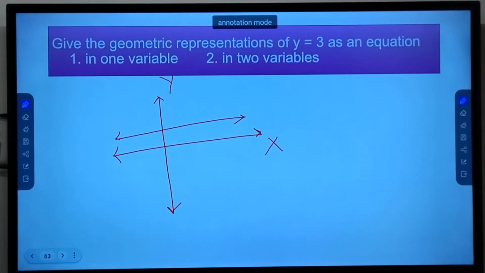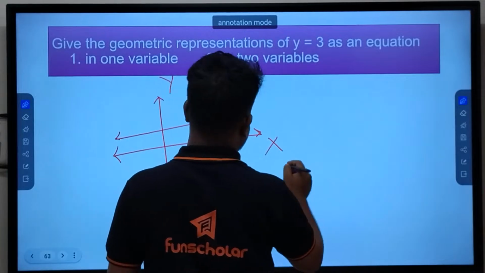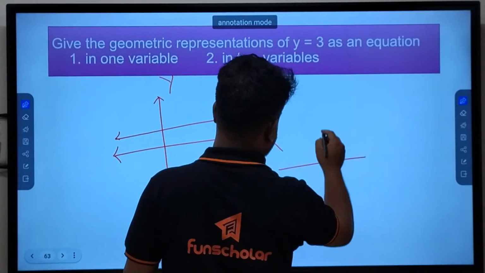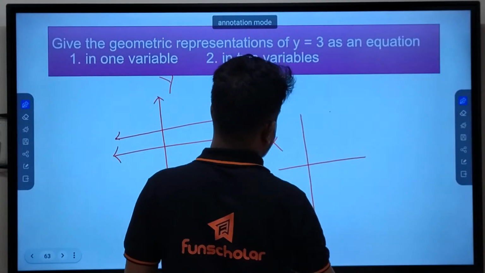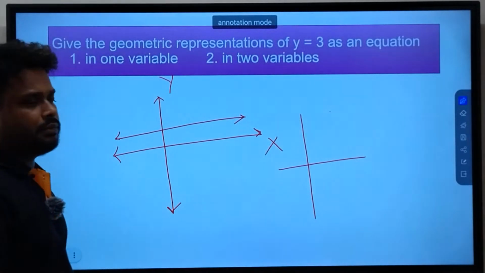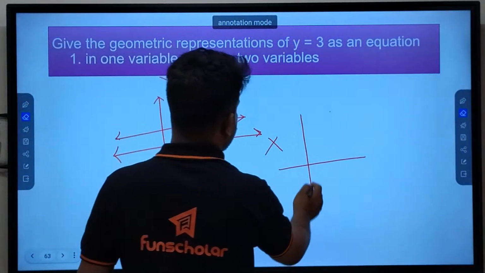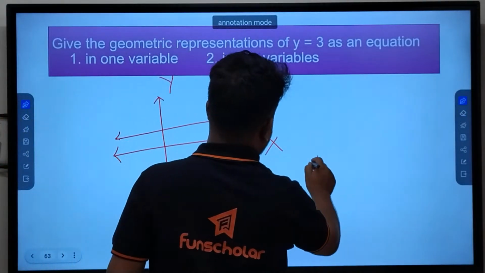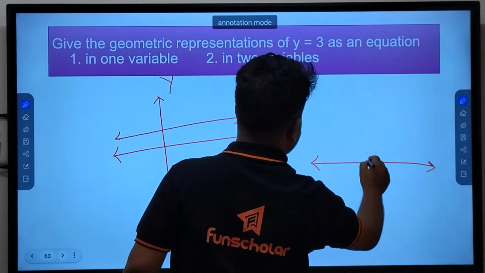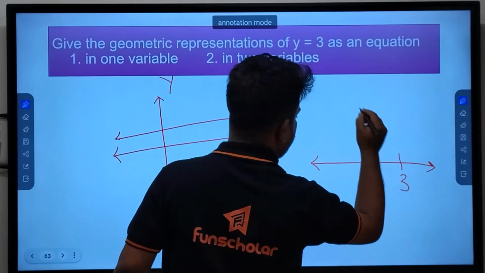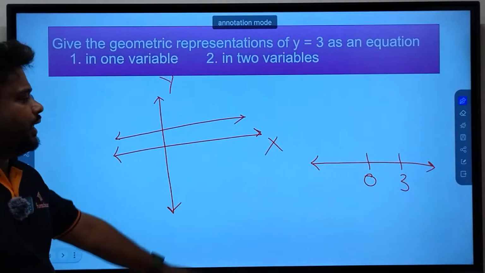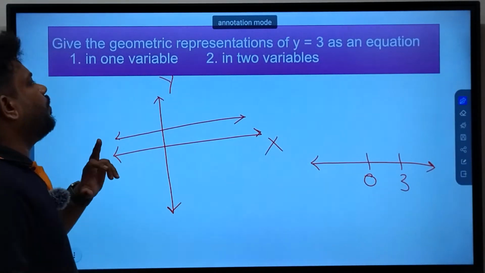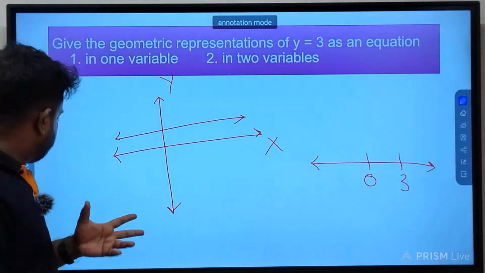And for one variable, if I write x equals 3, y equals 3, it will be any point, and you can also do this on a number line. Yes, maybe that will be much better if you draw 0 and 3 here on the number line. That will be a geometrical representation of y equals 3 in one variable, right.